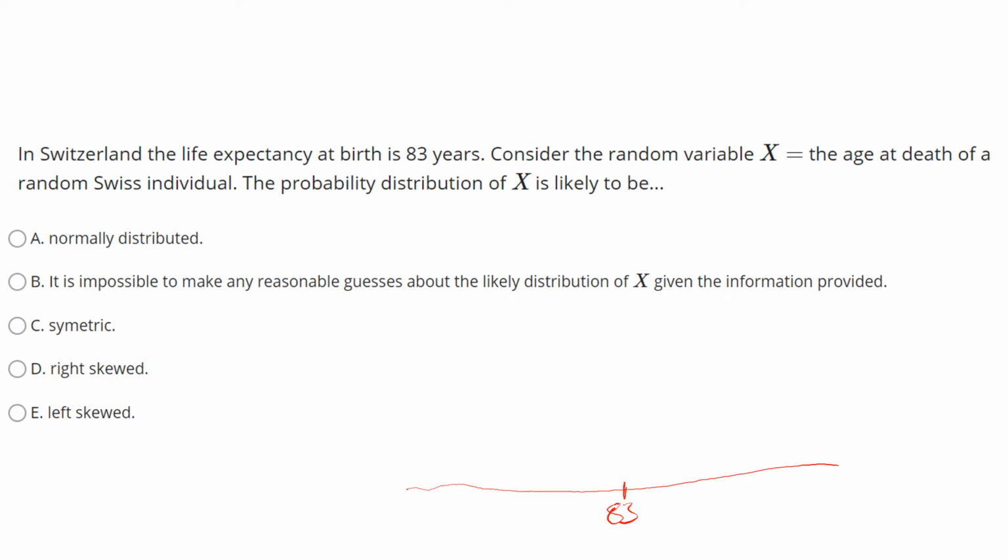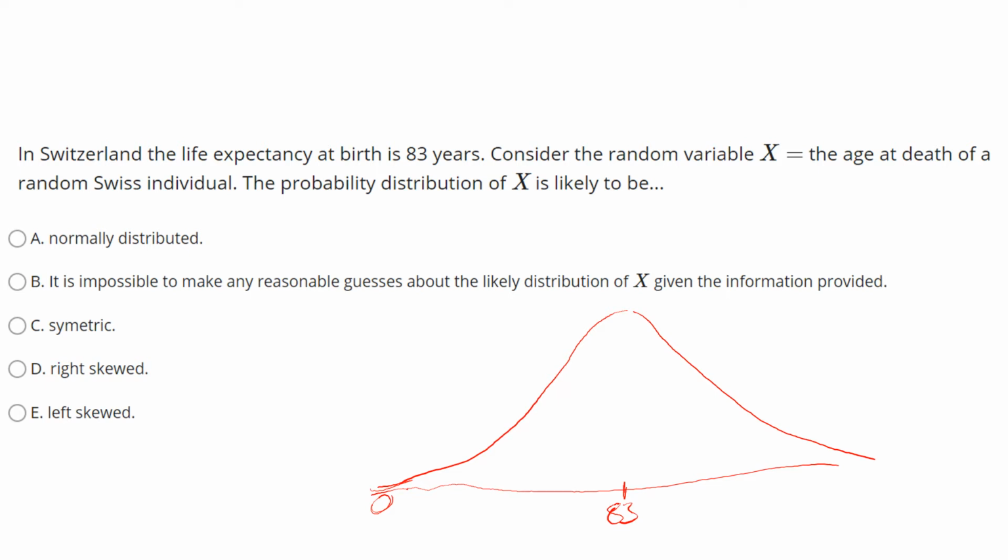Now, the question you can ask yourself is, is this likely to be a symmetric distribution? Are we likely to observe people on either side of that distribution in equal proportion? In other words, you might observe a few deaths at 0 to 1 years old, likely very few in Switzerland.